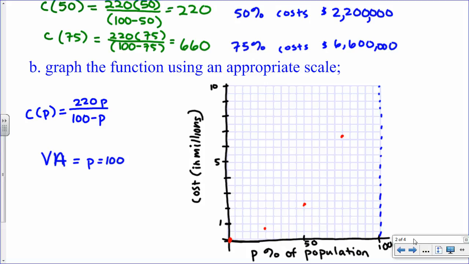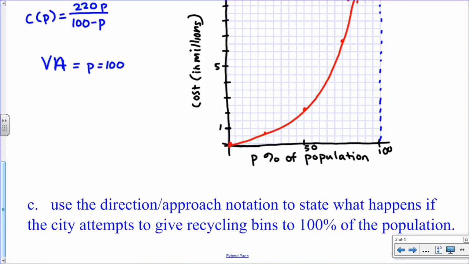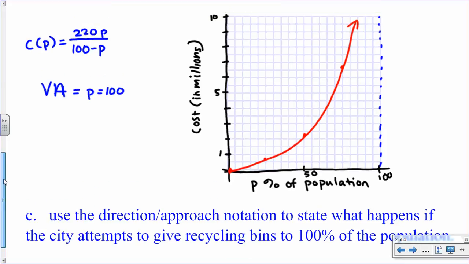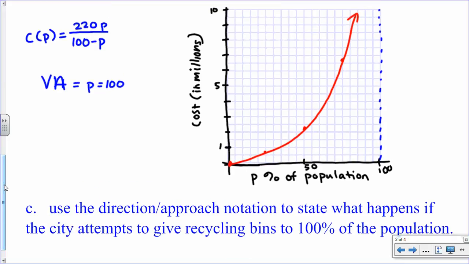Okay, so this is what my graph looks like. The main thing I want to point out is that asymptote, because this says here, what happens if the city attempts to give recycling bins to 100% of the population? Okay, so the closer you get to 100%, so as P goes to 100%, C of P, what does your graph do?